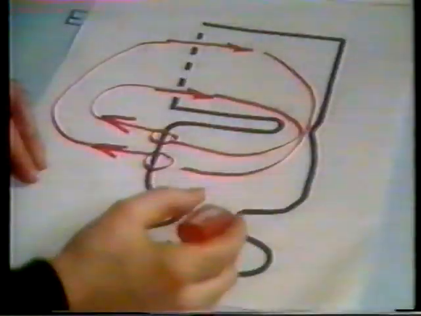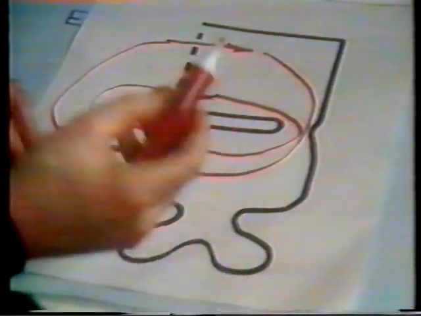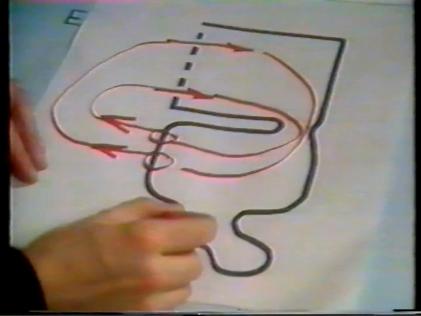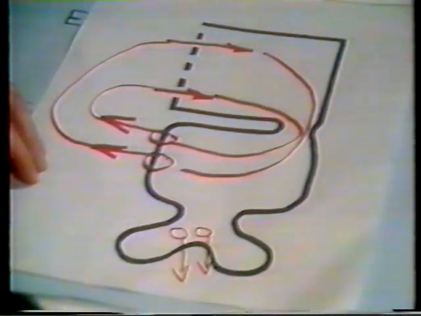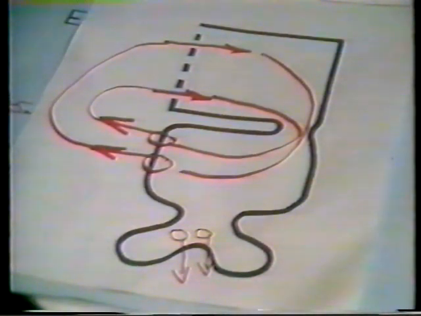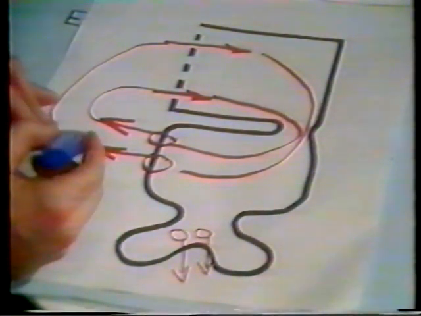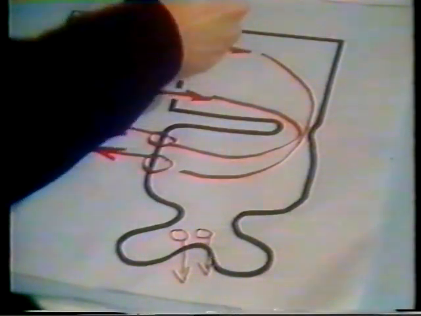Now, at the same time, in darkness, synaptic transmitter leaks at a constant rate from the synaptic terminal of the rod. The effect of light is to reduce the sodium permeability of the outer segment membrane.